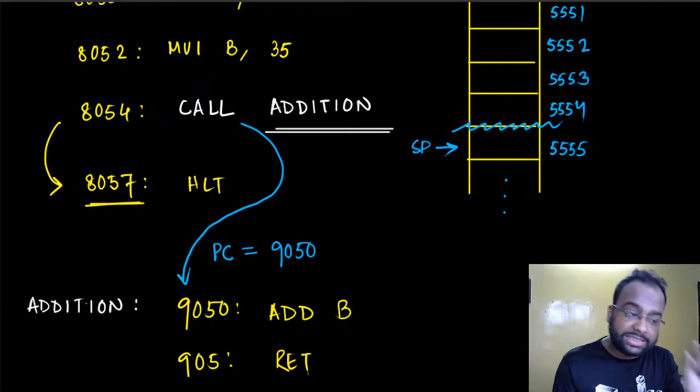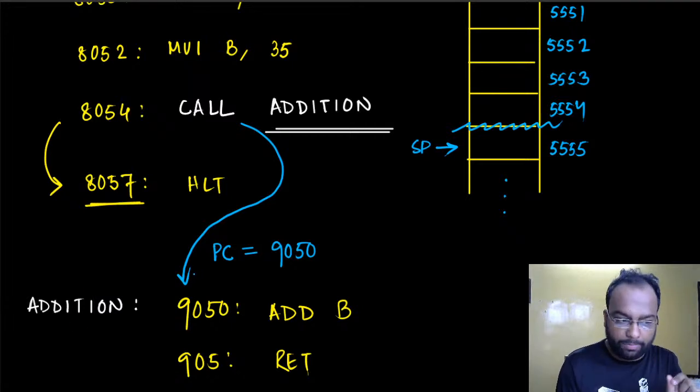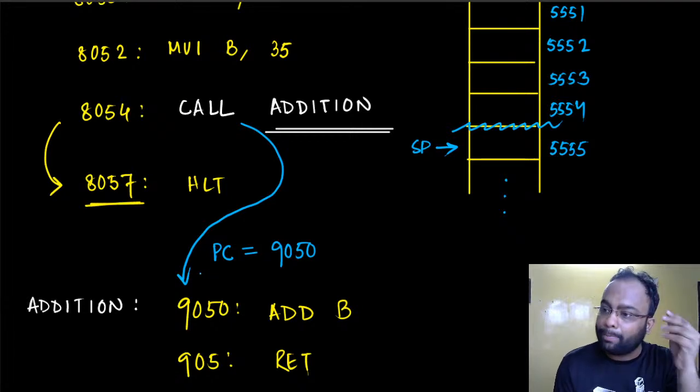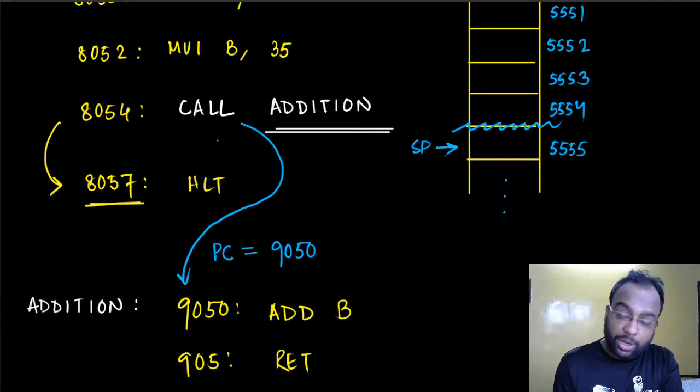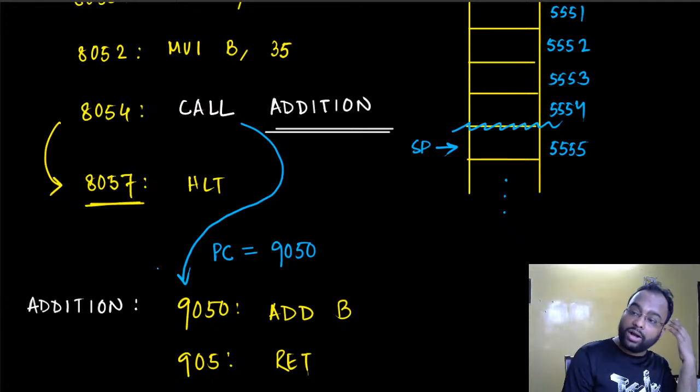But the program counter has completely forgotten what it was supposed to do otherwise. If this was some other 3-byte instruction, the program counter would have been set to 8057. But since this was a call instruction, it went beyond the main program.